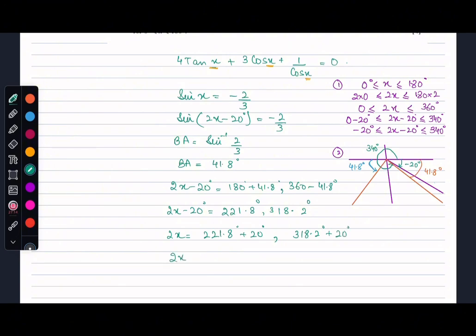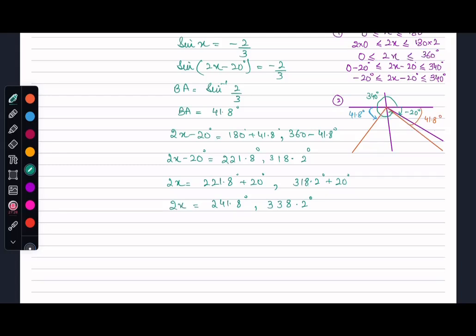Or I can say this is 2x, which equals 241.8 degrees, and here it's 338.2 degrees, and dividing it by 2 to get the x values, I should say that my x values here are coming out to be 120.9 degrees, and then it should be 169.1 degrees here.